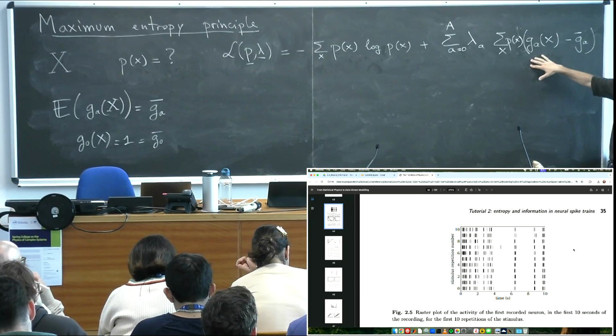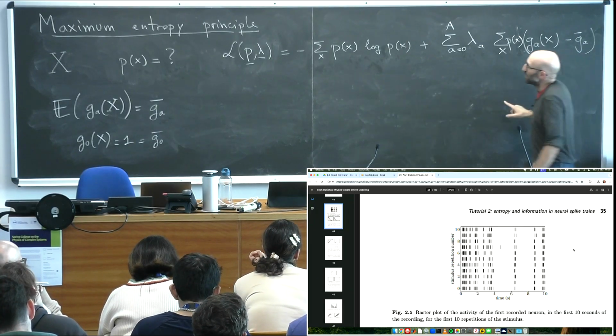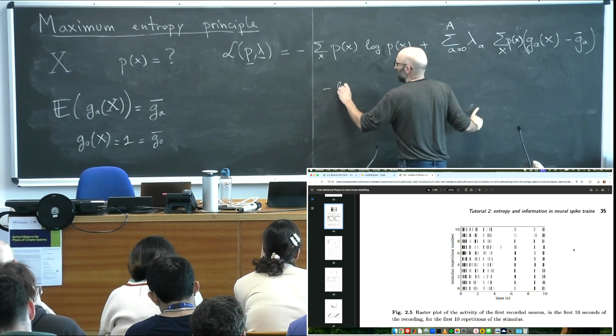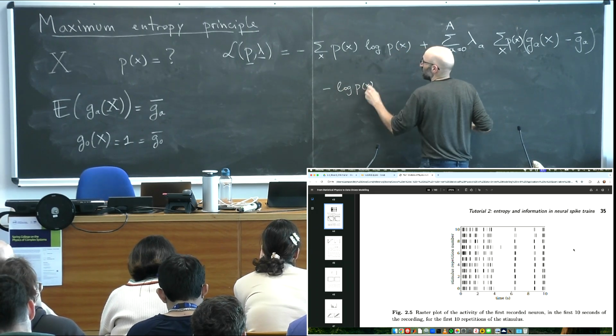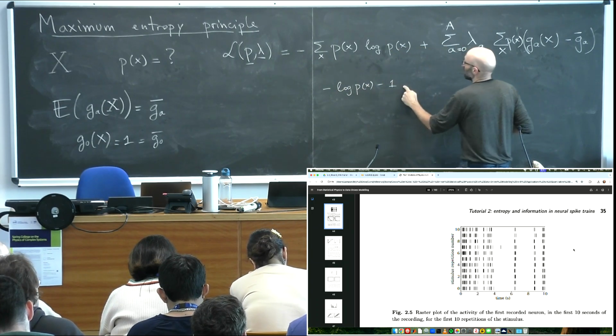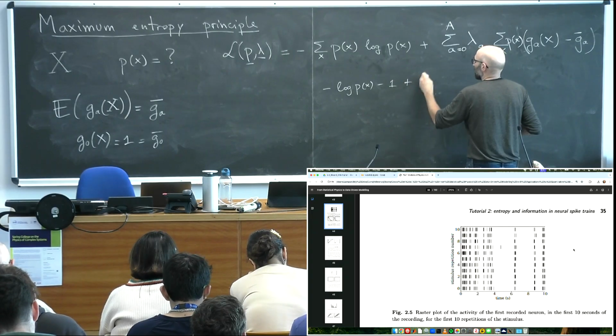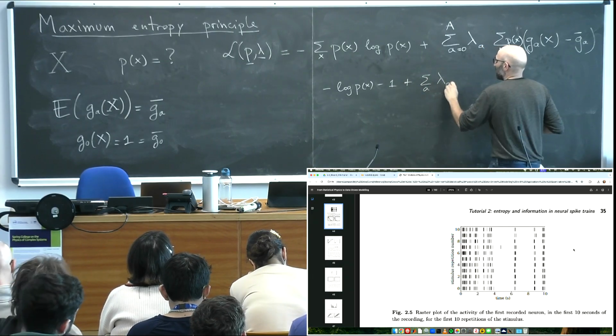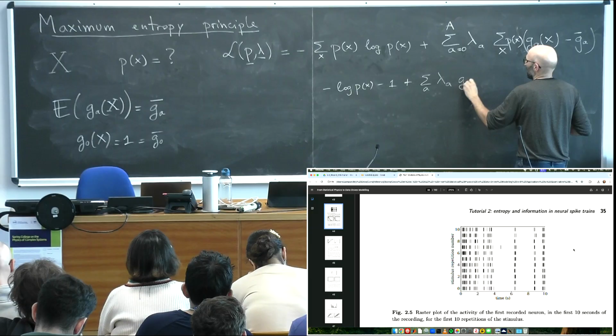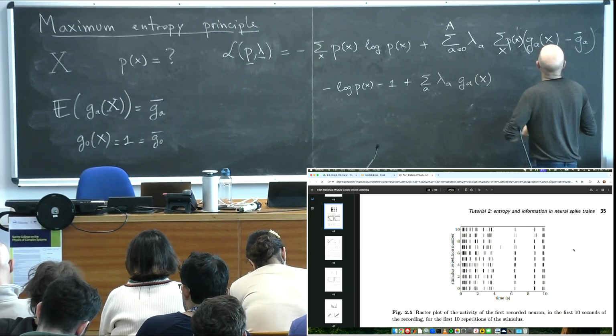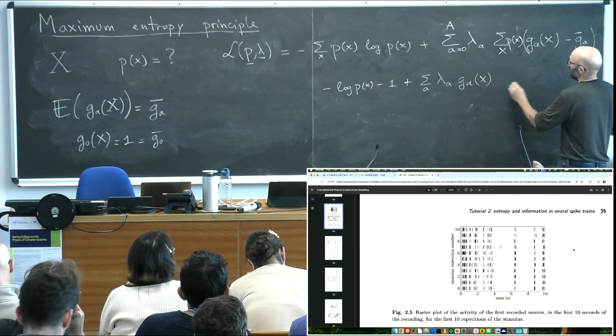We can take the derivative with respect to p. And what we get is minus log p minus 1 plus the sum of lambda a g_a equal to 0.